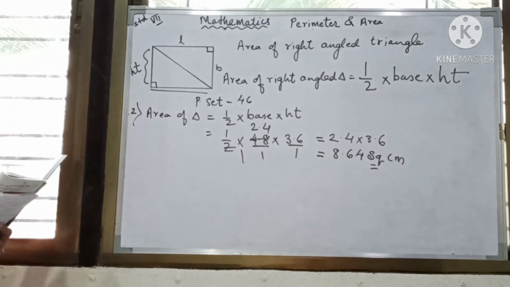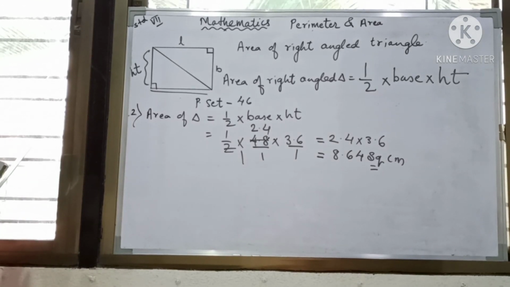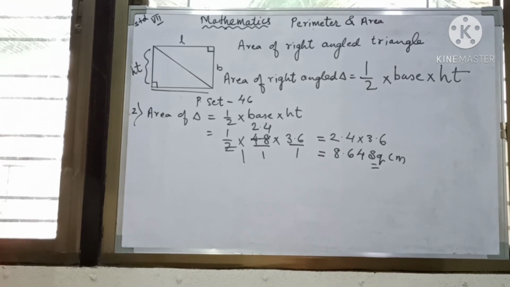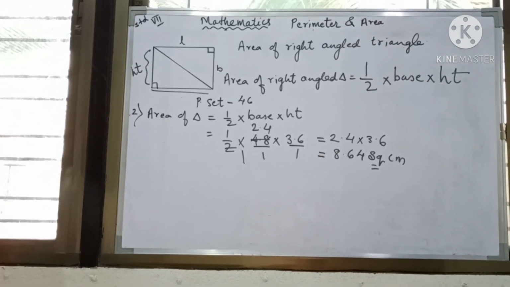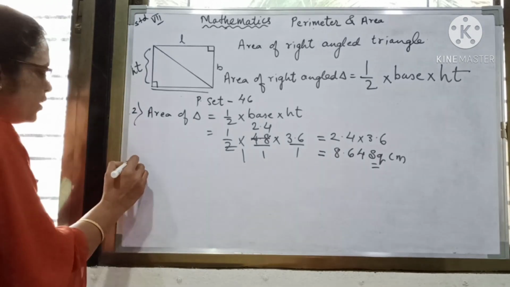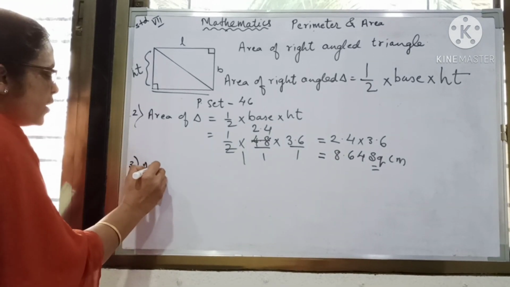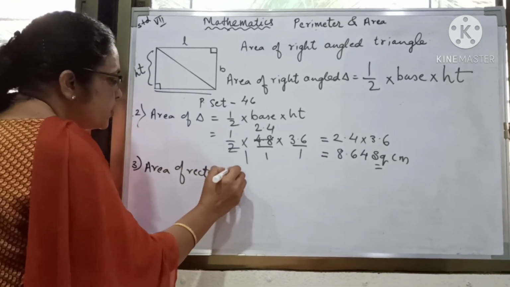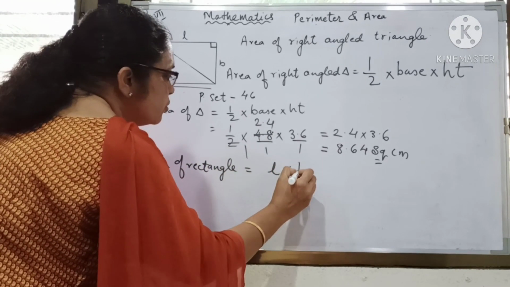So for this, first you have to find out the area of the rectangular plot. You have learned the formula for area of rectangle, that is length into breadth. So we will write the formula. Area of rectangle is equal to length into breadth.